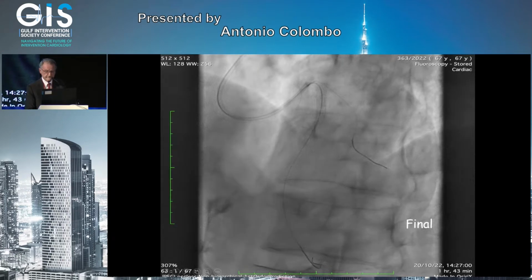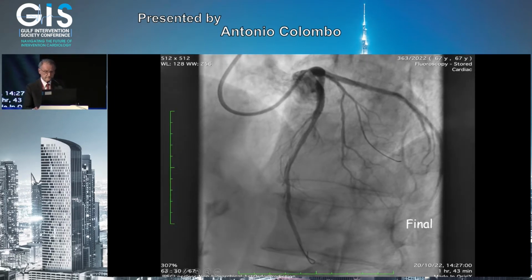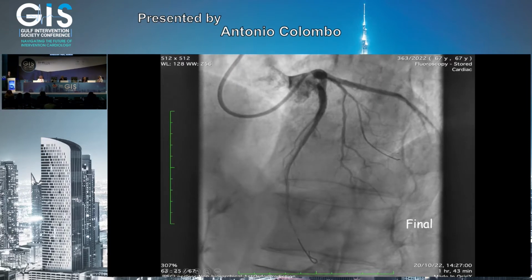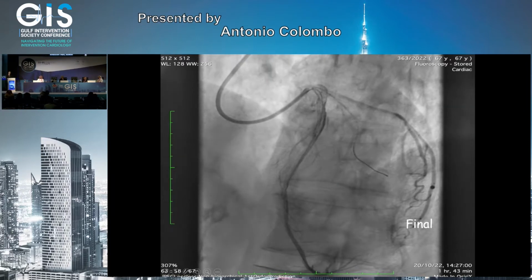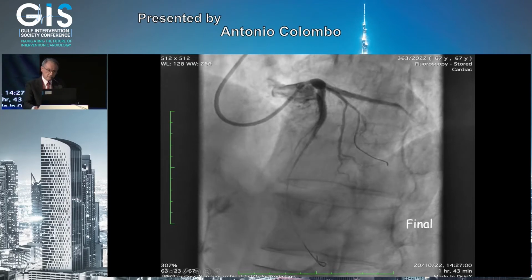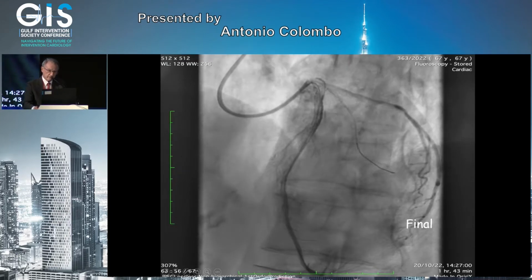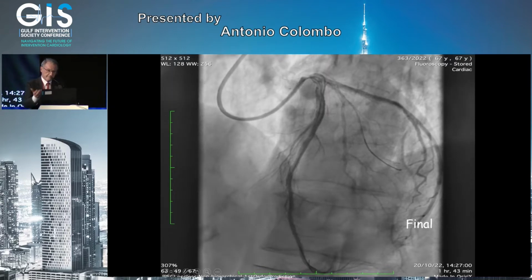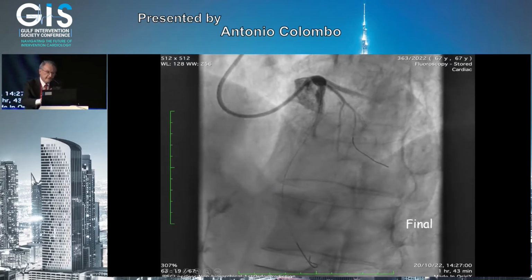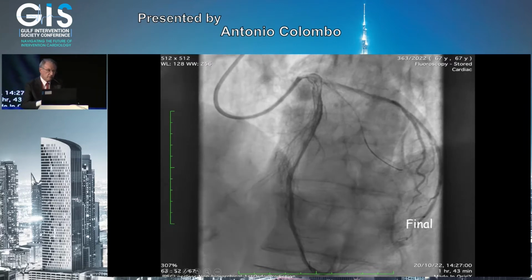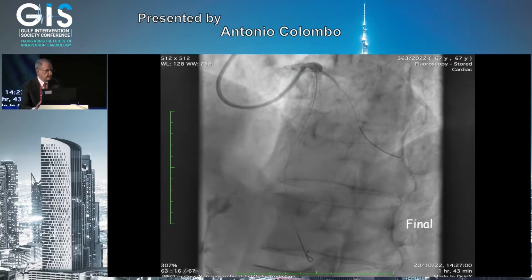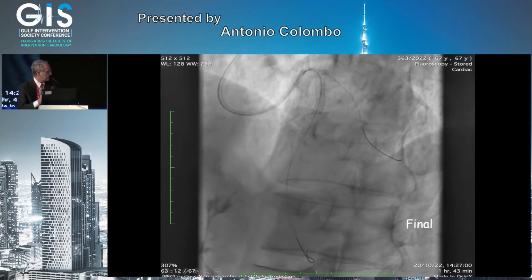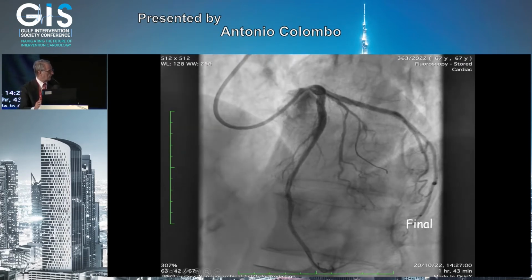Antonio, regarding the DCB, do you have any choice between paclitaxel or sirolimus, in your experience? We don't have any data yet to show that one is superior to the other. To me, this example does not show effectiveness, because in order to show effectiveness, you need 1 year data, so we need the follow-up.